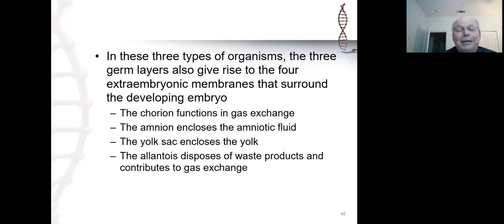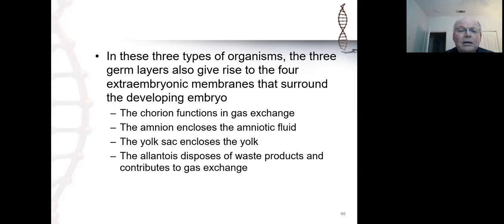So essentially, all animals complete their early embryonic development in a fluid environment, whether it be in water itself, either fresh or marine, or in a small remnant of an ocean in the form of the amniotic fluid.